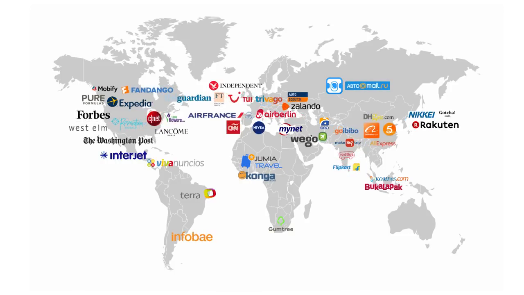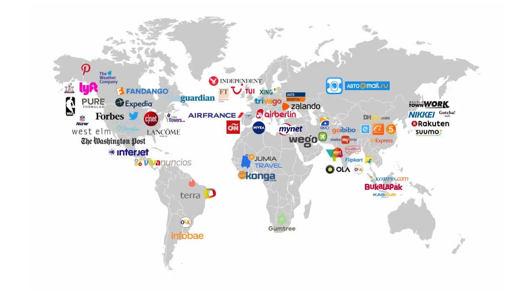E-commerce sites such as Fandango, Alibaba, and Rakuten have all invested in progressive web apps. Even new services like ride-sharing companies that we might think of as app-only are getting in on the action. Lyft rolled out their progressive web app last fall, and Ola Cabs, the largest ride-sharing service in India, has just launched their progressive web app.